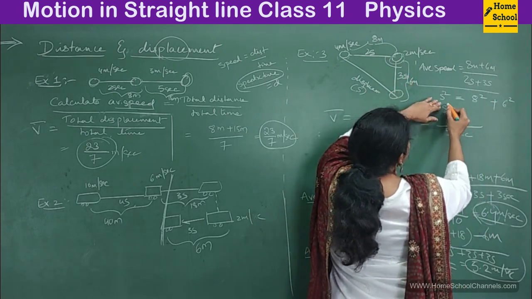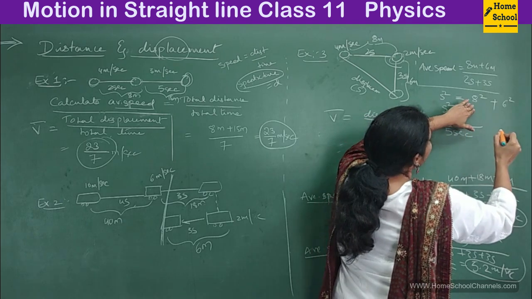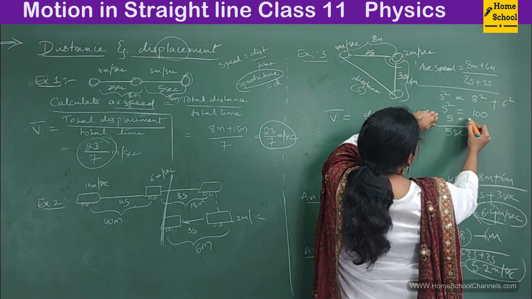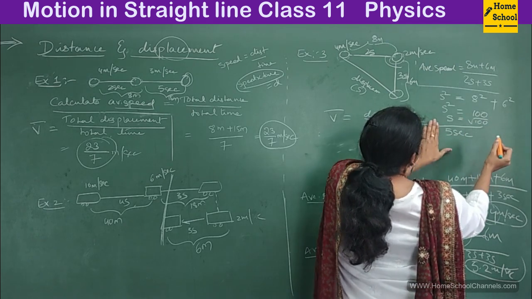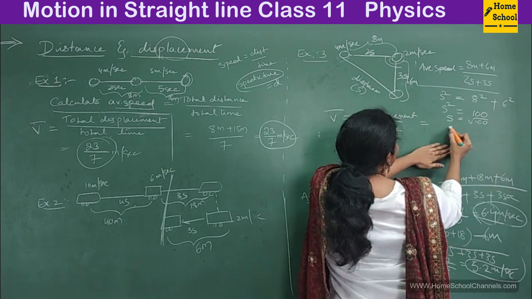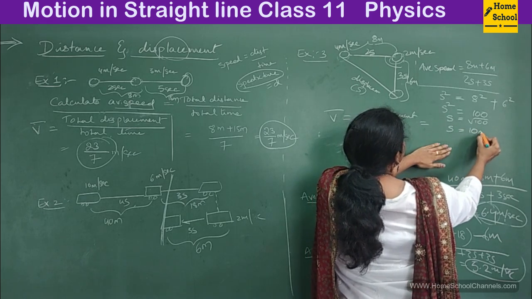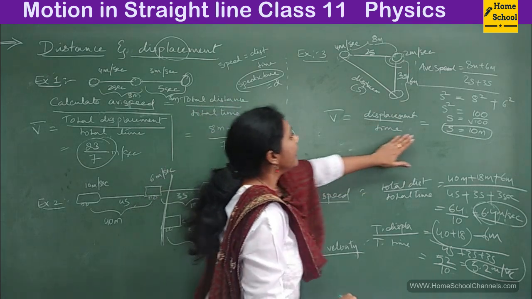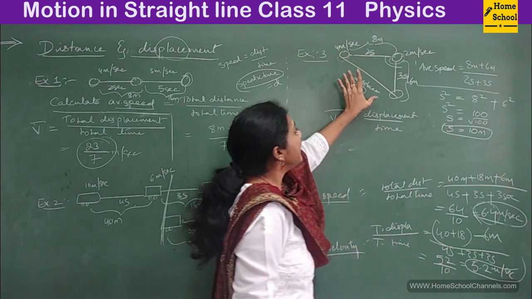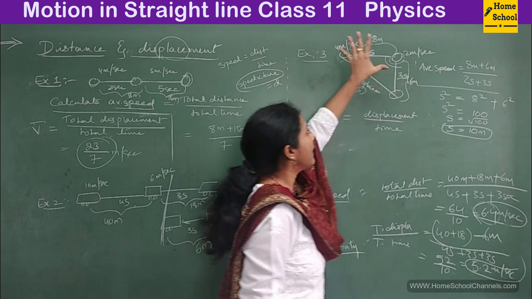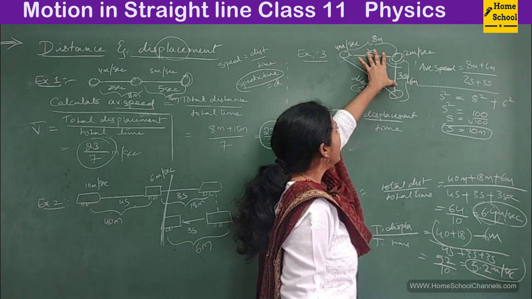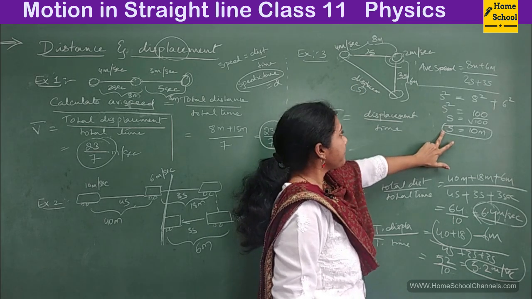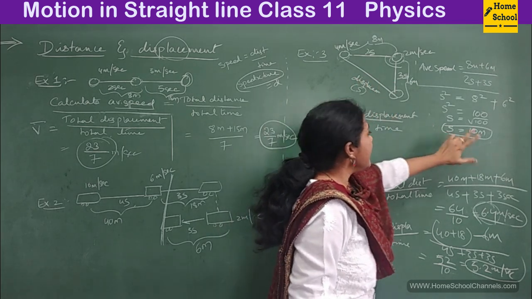So what do I get? S square is equal to 100, so S is equal to square root of 100. So S is equal to 10 meters. So your displacement is 10 meters here. Using Pythagoras theorem, we calculated the value of S.